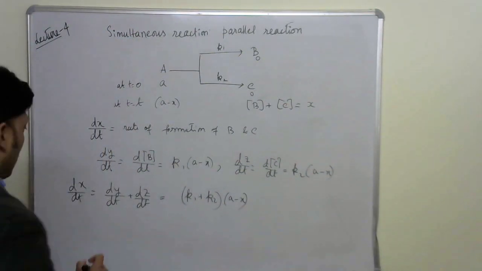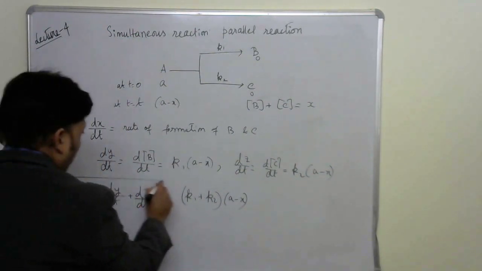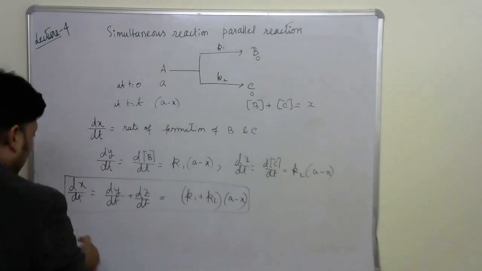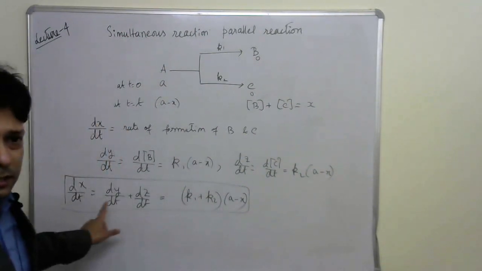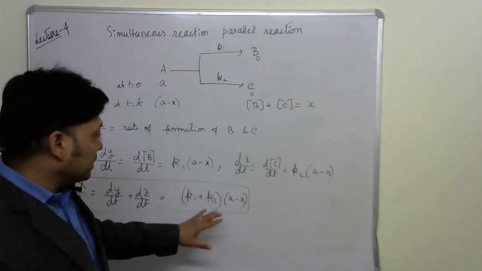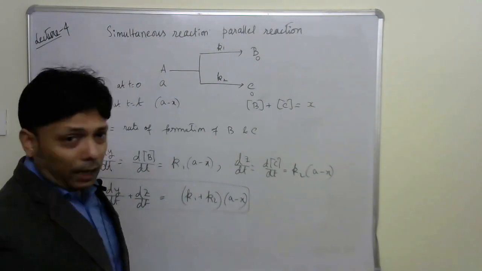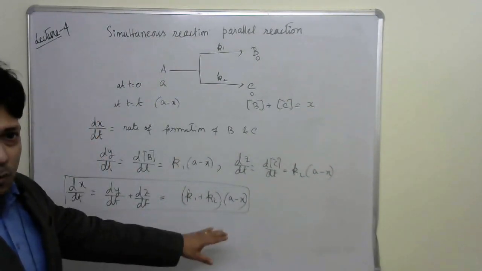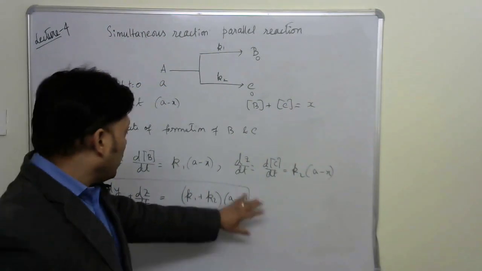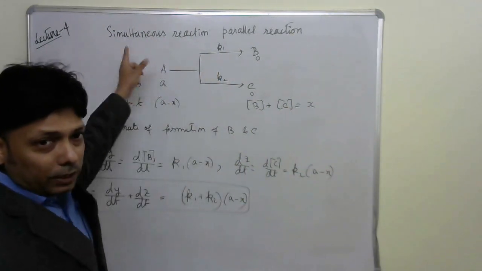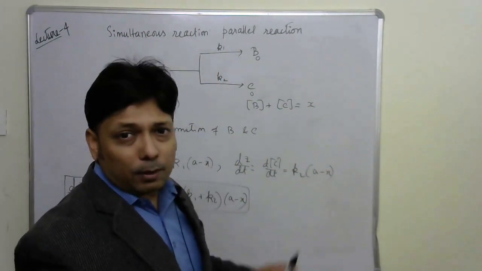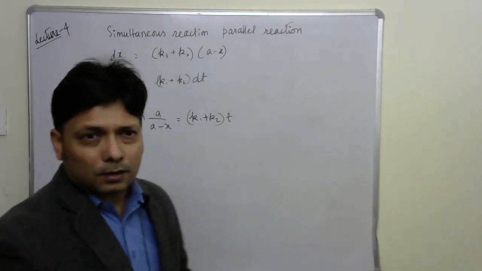Alright. So now we have formed an easy looking equation, dx/dt is equal to (k1 plus k2) multiplied by (a minus x). Now we are going to integrate that. Okay, so let's clean the blackboard and write it.